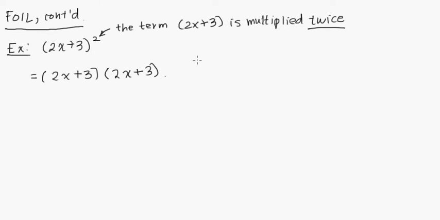So first let's get the first terms. So that's 2x and 2x here. So we have 2x times 2x. So 2 times 2 is 4, and x times x is x squared. Then next we have outer, so that's 2x here and positive 3 here. Multiply those two.